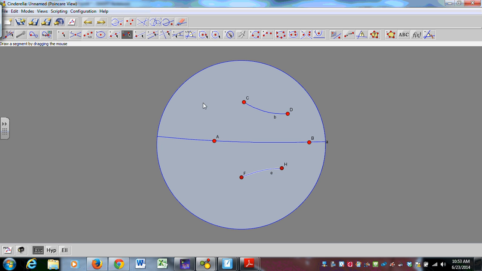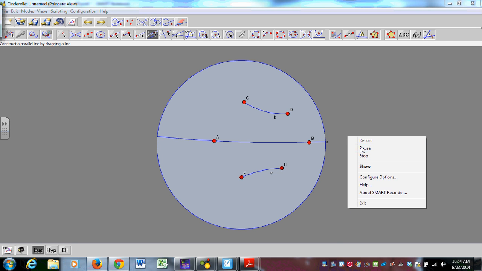And then we think to ourselves, well, wait a second. I can draw parallel lines. Let's do parallel to this line. Let's hit the pause button while we figure out what we're doing.